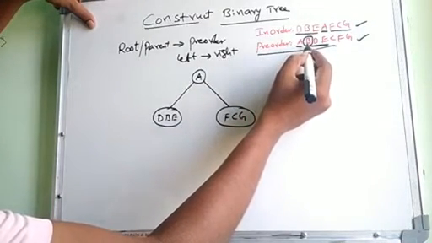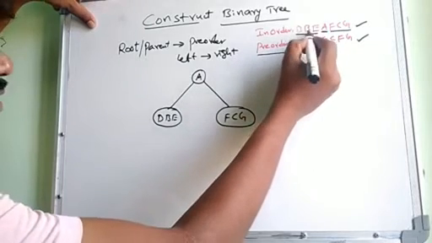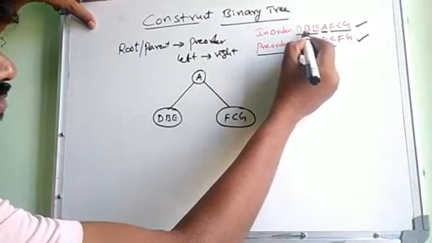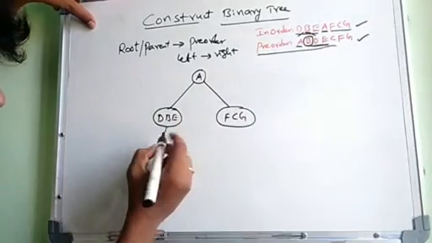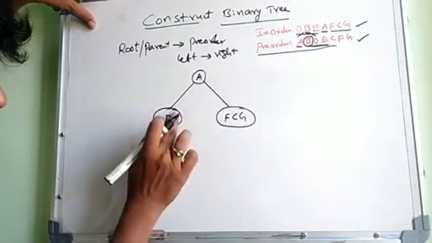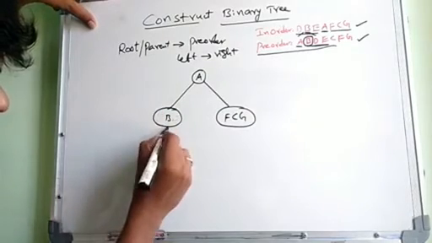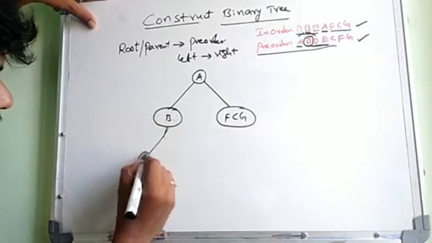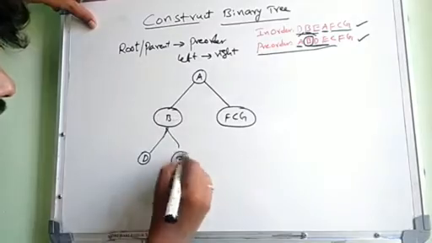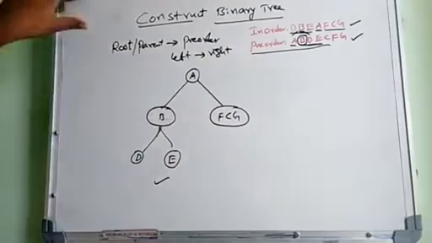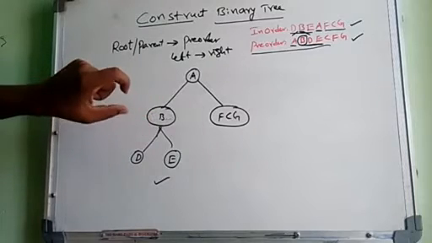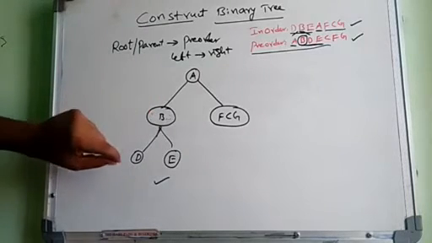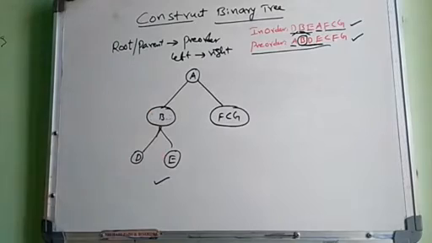To find the children of B, go for in-order. B's left side is D, right side is E. So it is split into B with left child D and right child E. So it is clear: the left side has one element, and the right side has one element.